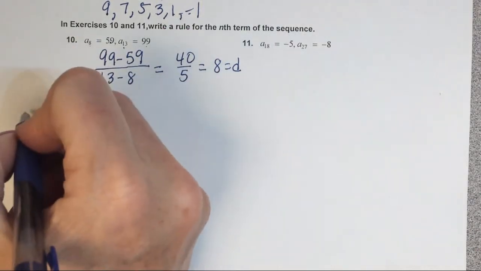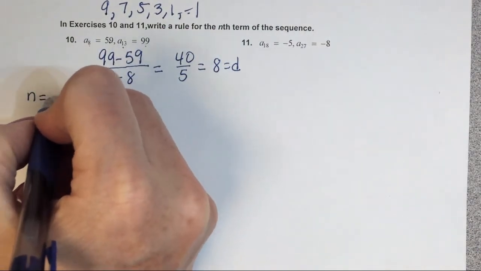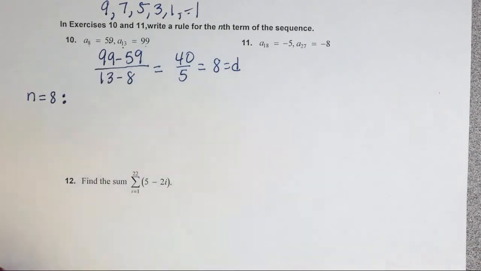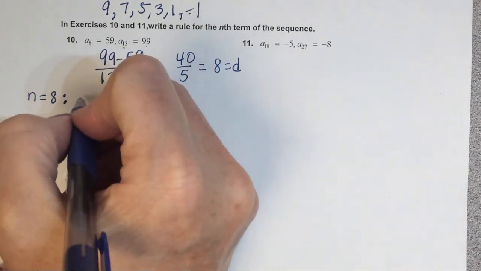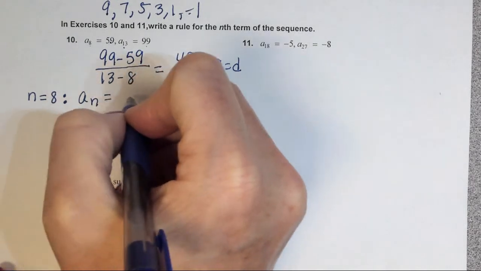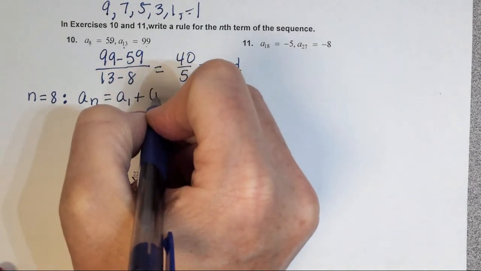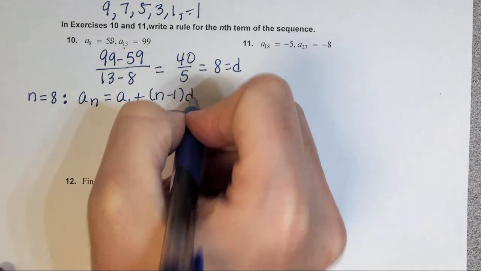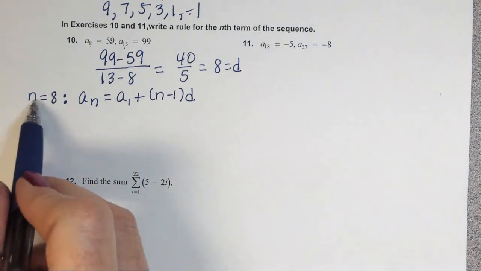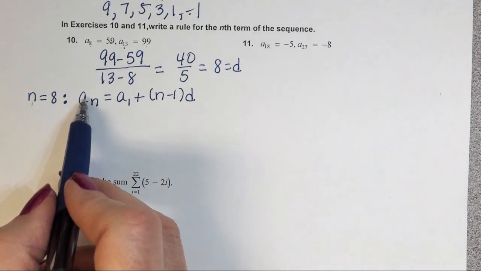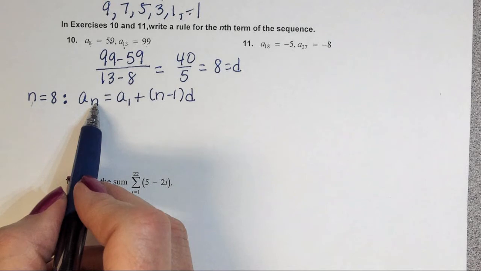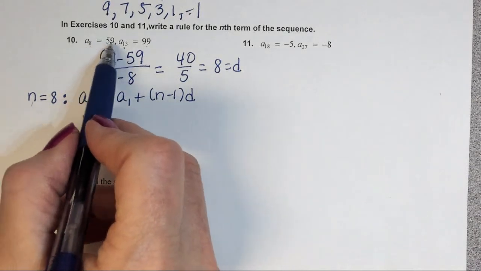Here's how. I'm going to say when n equals 8, just like I did the last problem. I know my formula. A sub n equals a sub 1 plus n minus 1 times d. So when n equals 8, what is a sub 8? See, 59.